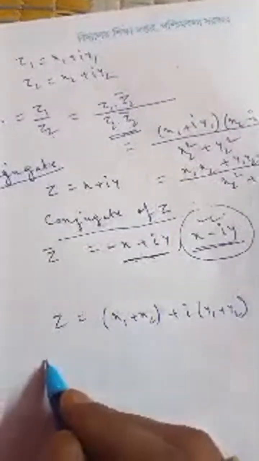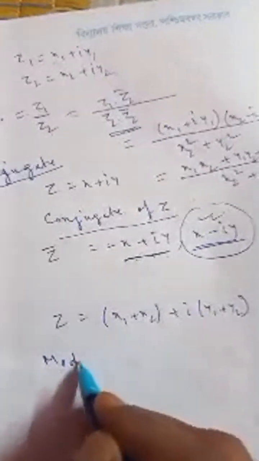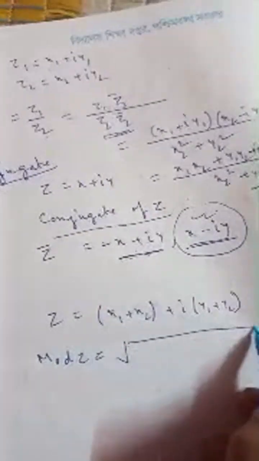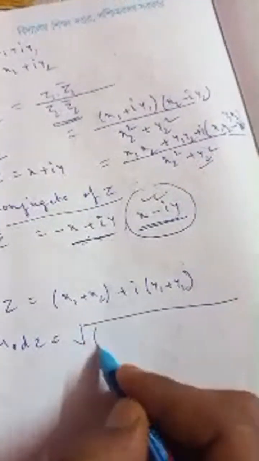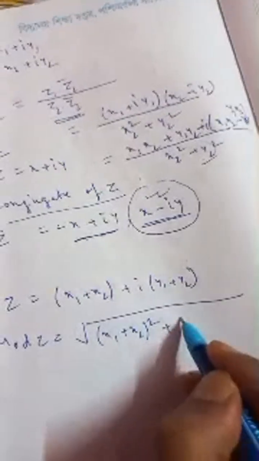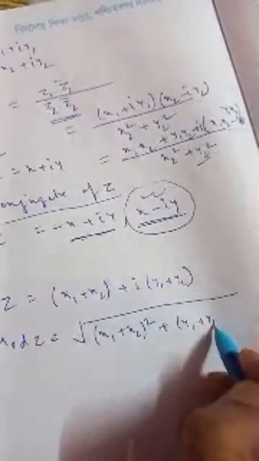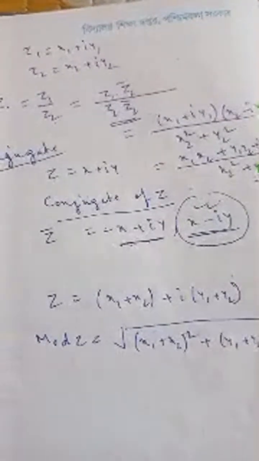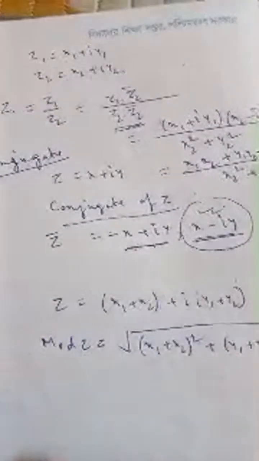Then its modulus, mod of z, will be the square root of x1 plus x2 whole square plus y1 plus y2 whole square, and the amplitude we have to find out in this way.